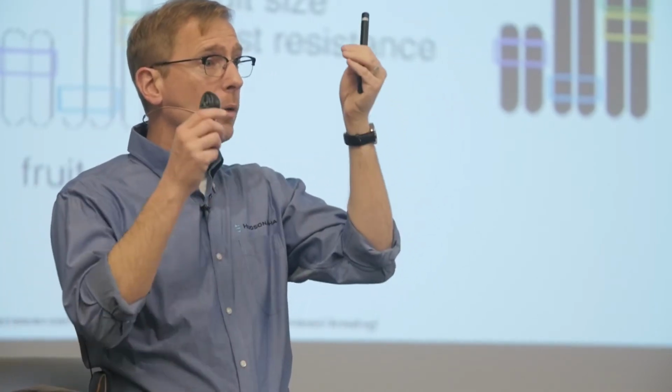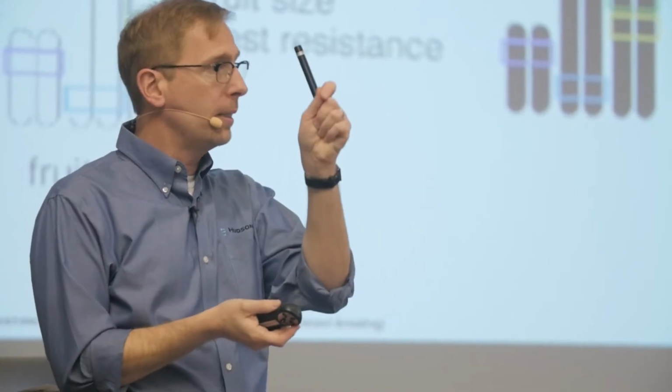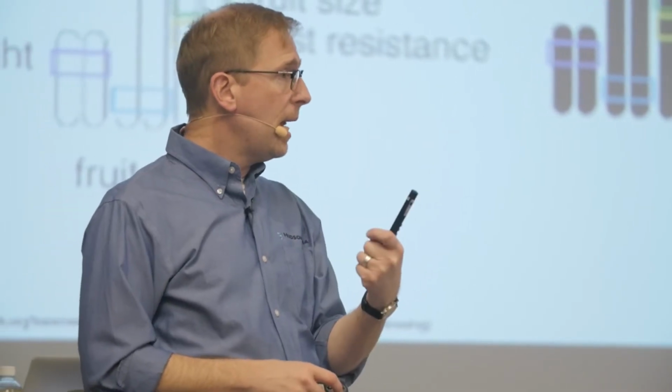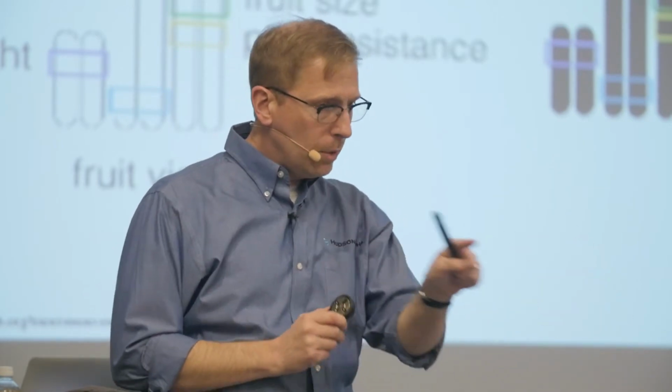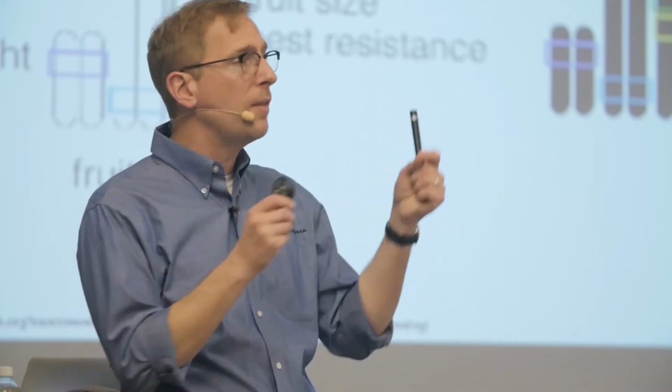While I have little plants, while I have sprouts, I can take a little piece of the plant, get its DNA, and look at a whole flat of seedlings and be able to say, that one and that one have the genetic marker that I want that gives me the trait that I'm looking for.